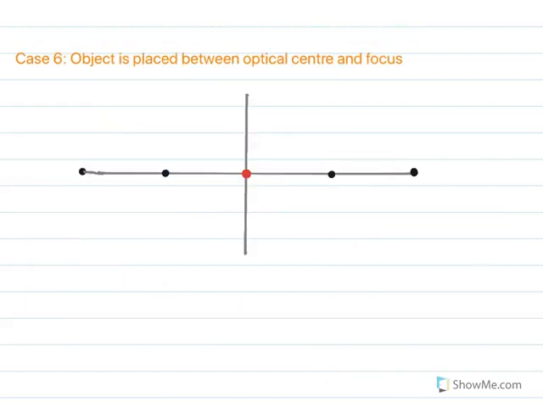Again, this is case 6. We mark these 4 points, then you draw the lens. Now the object is kept between optical center and focus. So we have 2f1, f1, f2, 2f2.